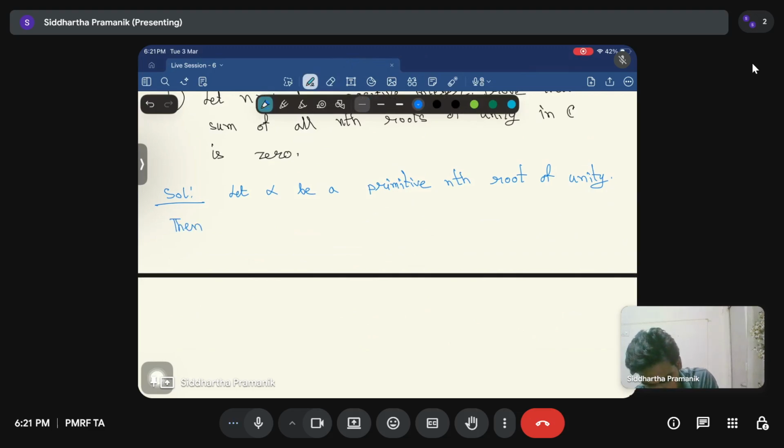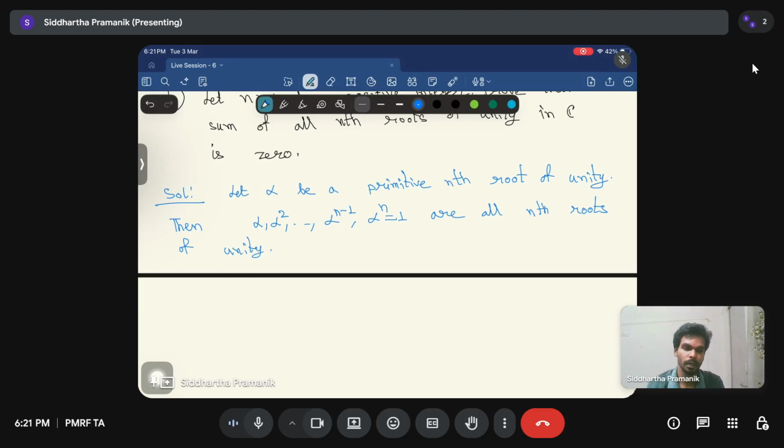So alpha, alpha square, up to alpha power n minus 1, alpha power n, which is basically 1. These are all the nth roots of unity, because these roots form a cyclic group.